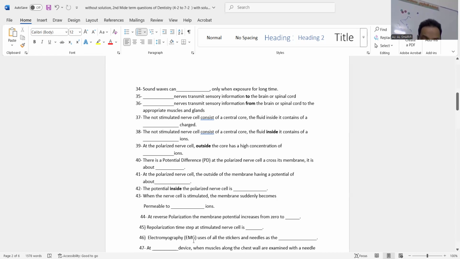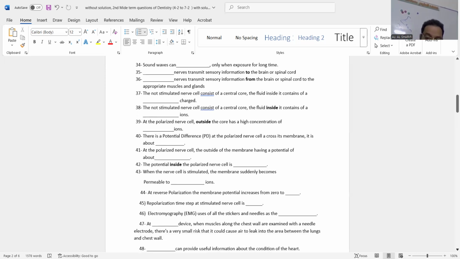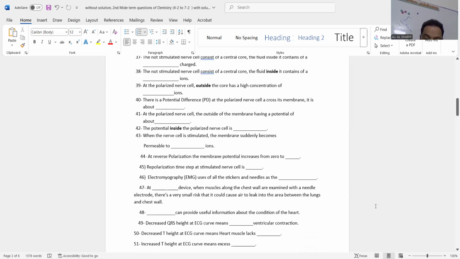EMG, electromyography, uses stickers and needles as what? At which device are muscles along the chest wall examined with needle electrodes? Here, what can provide useful information about the condition of the heart? QRS: decreased QRS period height at the ECG means what?